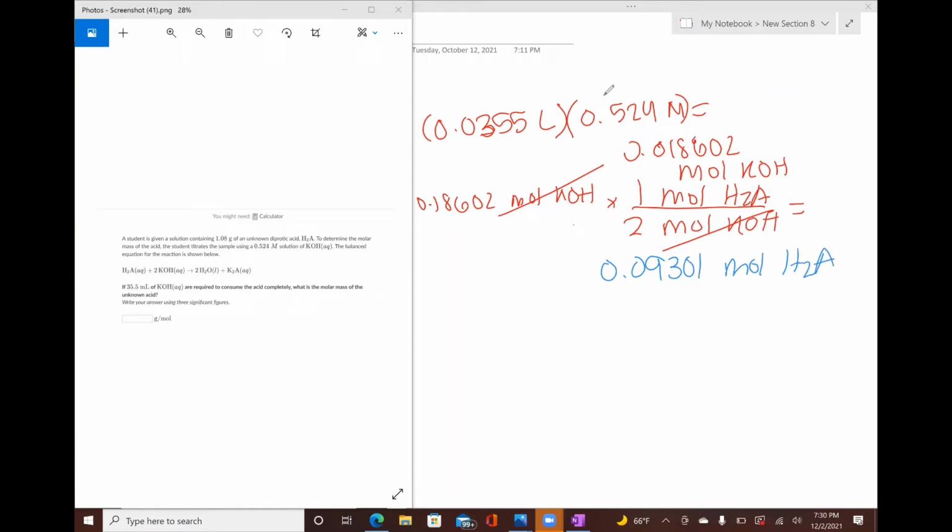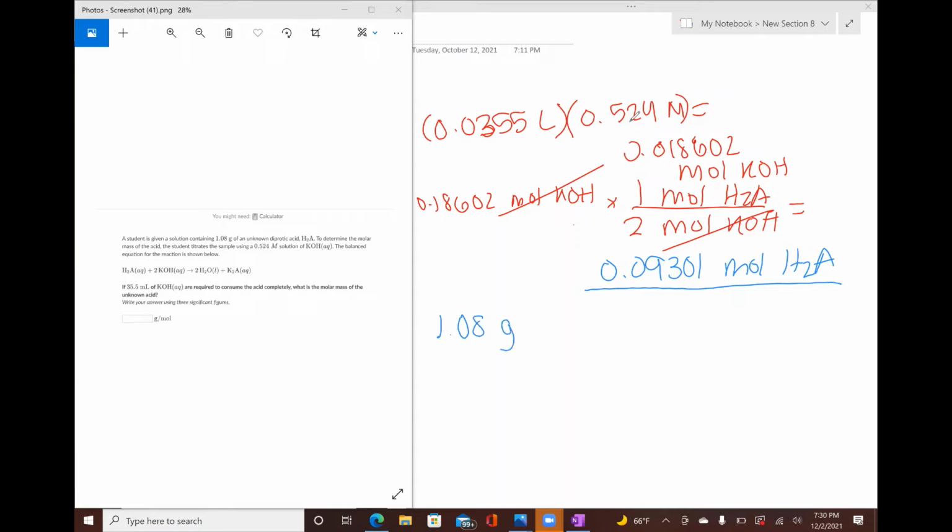Now that you have this very crucial information, you can figure out the molar mass of H2A itself. So I know that I have 1.08 grams, right? So I'm going to set up a proportion here.